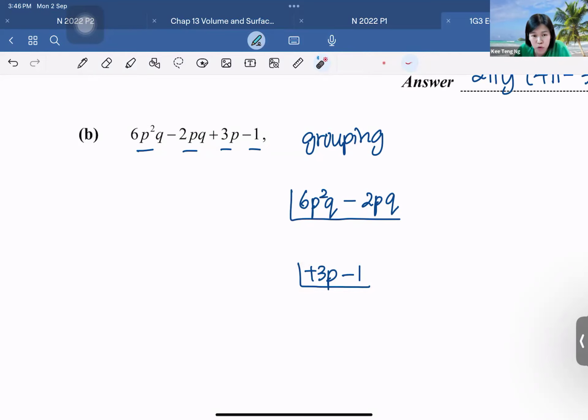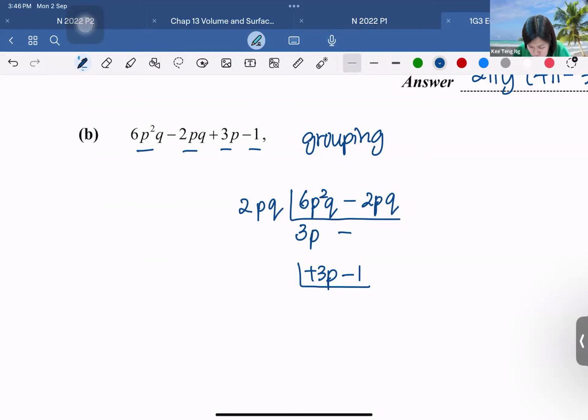P squared, p, so I have a p. Q and q, I have a q. Oh no, not 3, 2 is a common factor. Then I should divide, I get 3p minus 2 divided by 2 is the number 1.